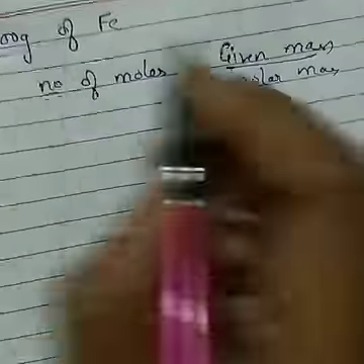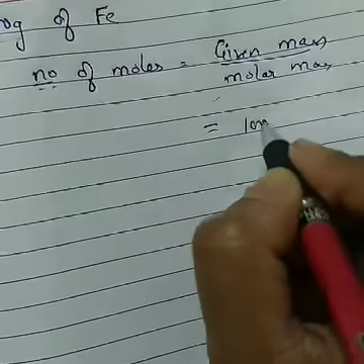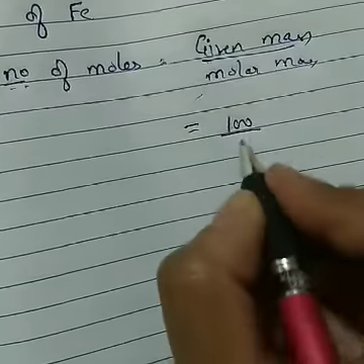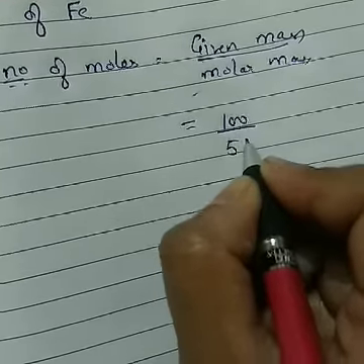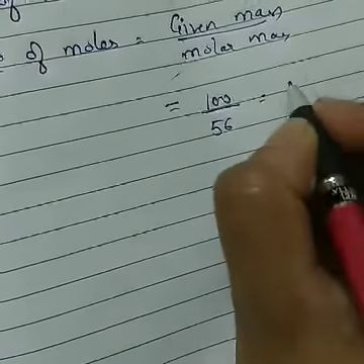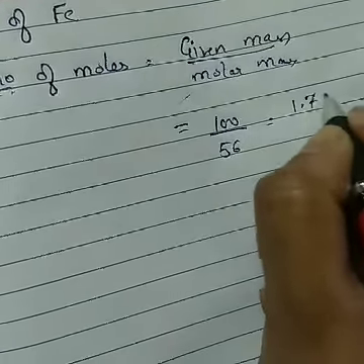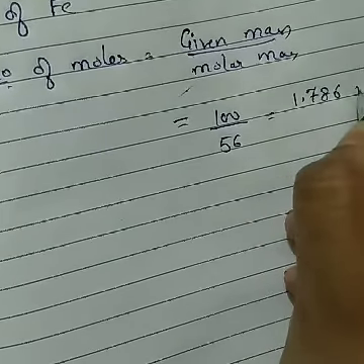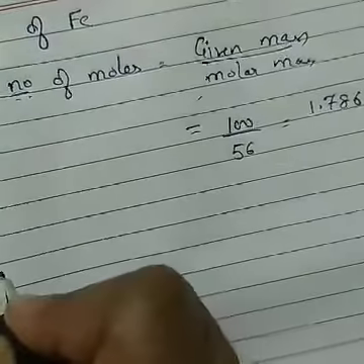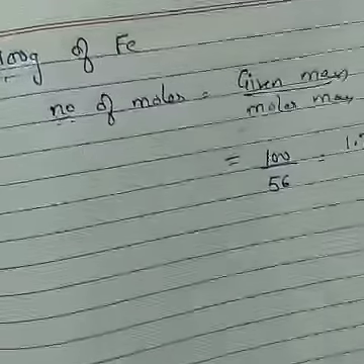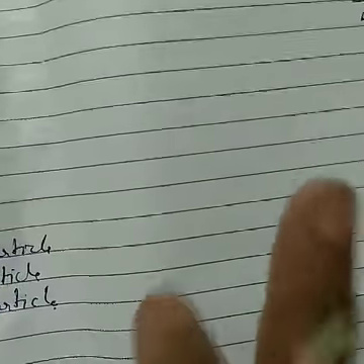What is given mass? 100 grams. What is the atomic mass of iron? It is 56. So 100 by 56, divide it and write the value in decimals. That is 0.76 moles. Similarly, you can solve any kind of question of calculating number of moles if given mass is given.